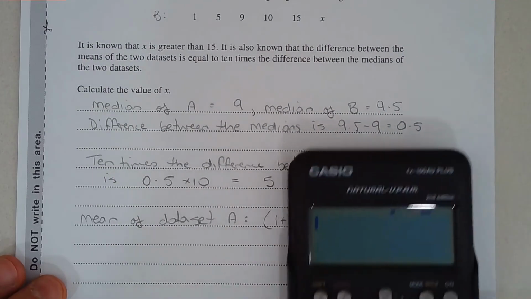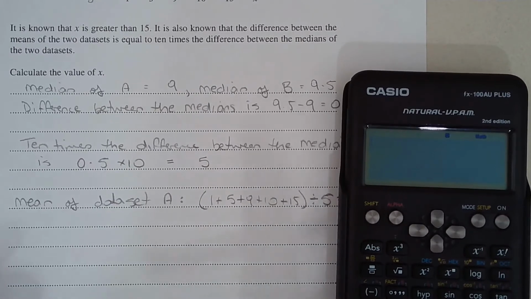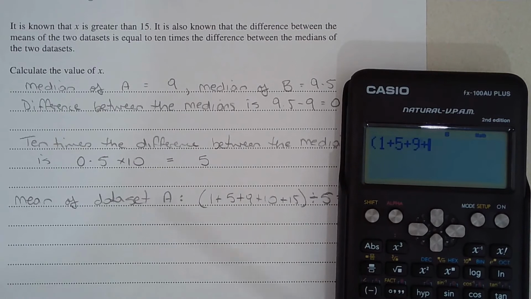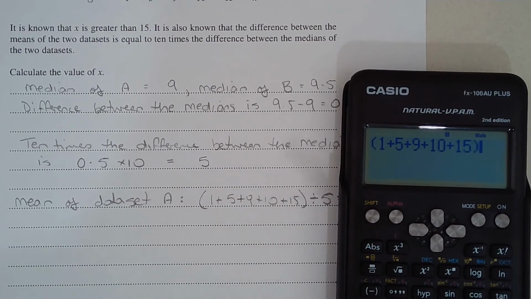I'm not going to use the stat mode on the calculator; I think it's quicker to just add them up manually and divide that by 5, and we get 8.